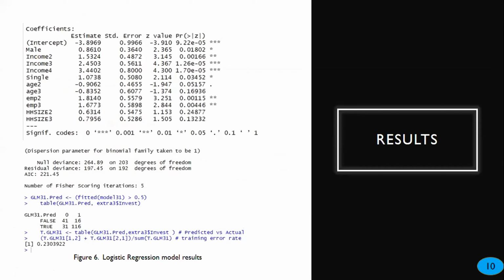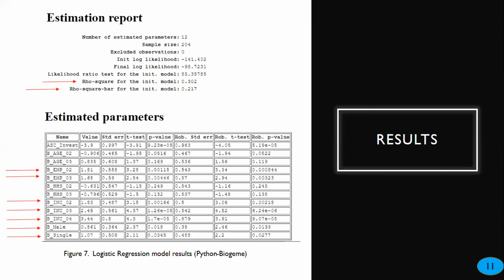I'm not sure what procedure is used, but Python uses the maximum likelihood method, and they give us similar coefficients for the variables.